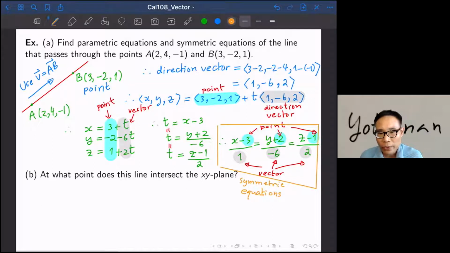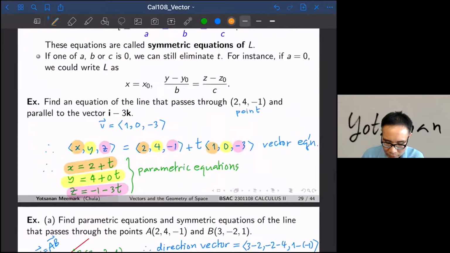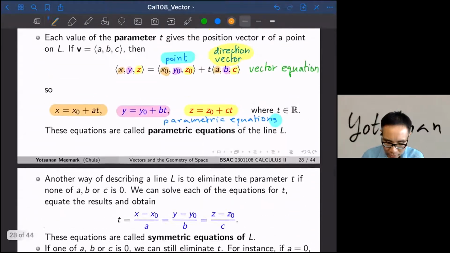The symmetric equation is the equation that involves no t at all, because we solve for t, and it involves only the point and the vector. The point is used with x, y, and z, and the vector is under x, under y, and under z respectively. So that is how we have the symmetric equation.